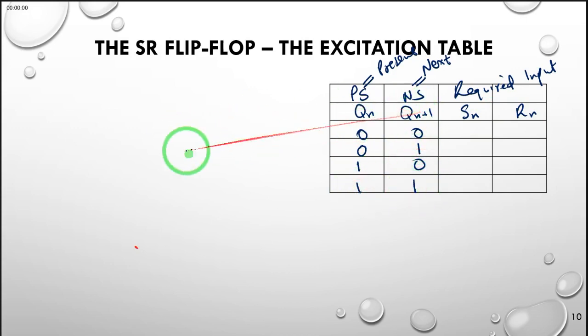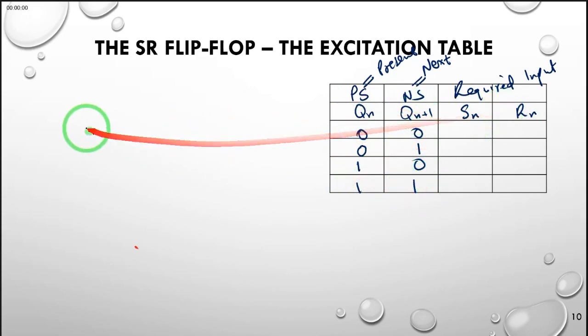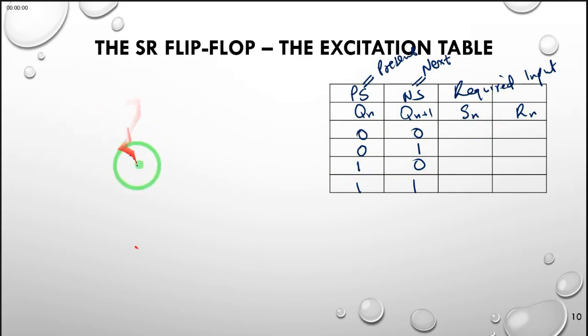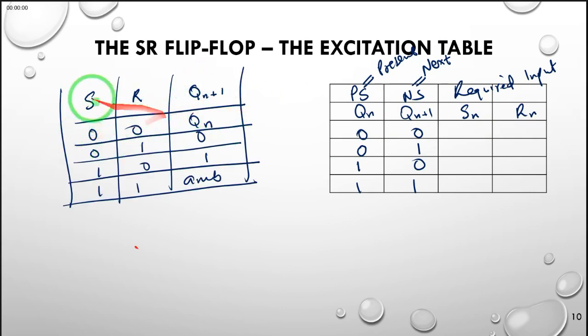And we will get this excitation table from our characteristic table, which we said was given by S, R, and Qn plus 1. So this is the characteristic table that we have already made before for the SR flip-flop. And now we are asking ourselves, if we want to move from the present state being 0 to 0, what do we require?